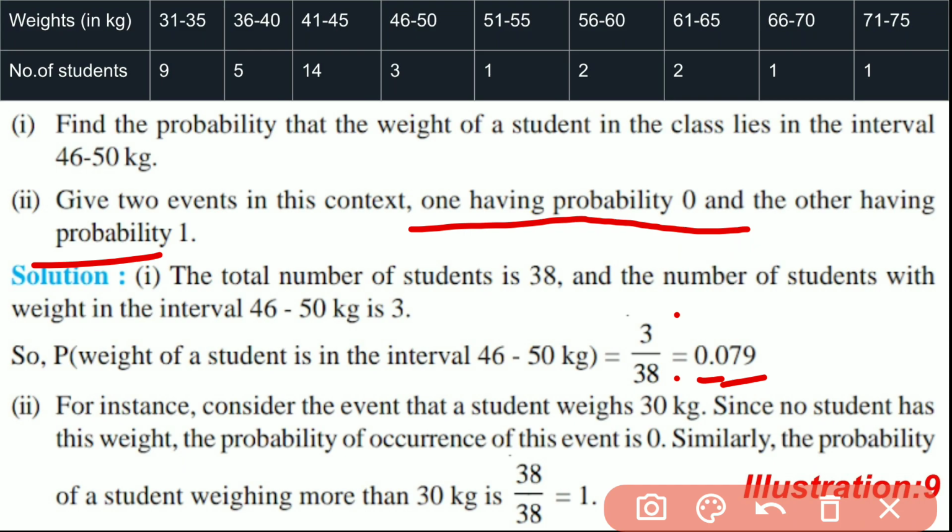So we go with the total more than 30 kg weight group. So the above-30 weight group has a total of 38 students, and dividing by the total 38, we get 1.